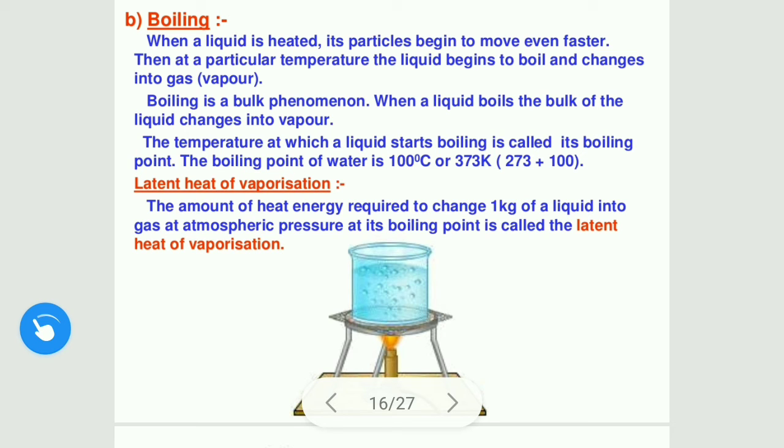This process is known as boiling. The temperature at which a liquid starts boiling is known as the boiling point. The boiling point of water is 100 degrees Celsius or 273 plus 100, that is 373 Kelvin.